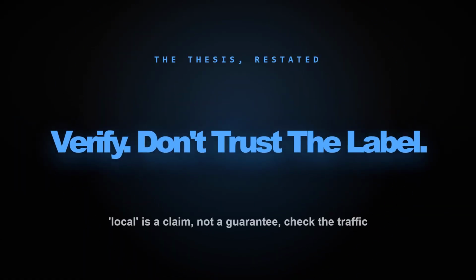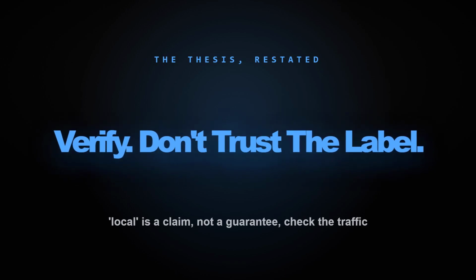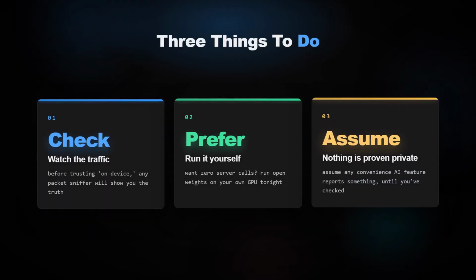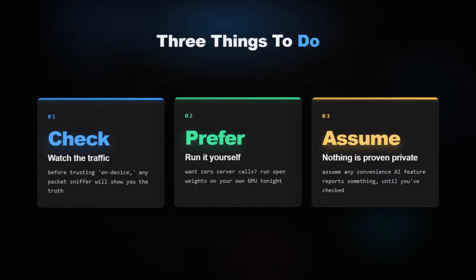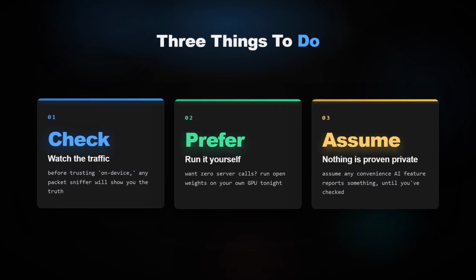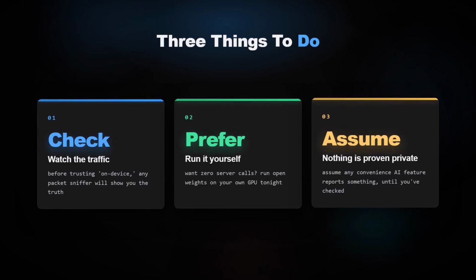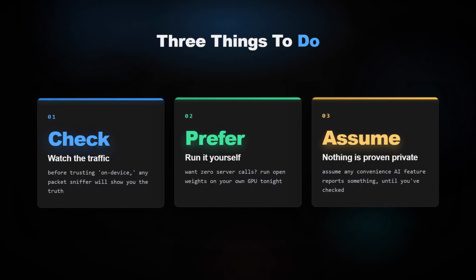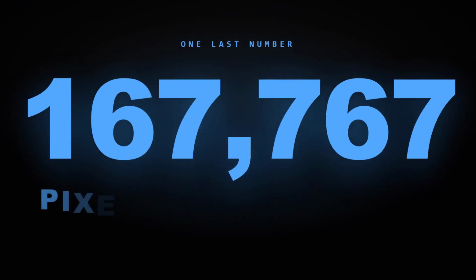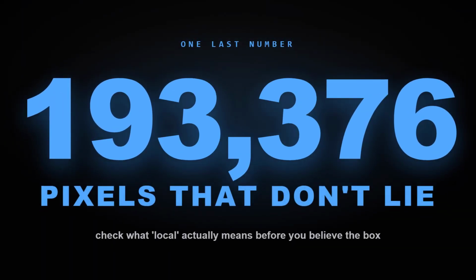Same rule this channel keeps landing on. Local is a marketing word until you check the traffic yourself. 3 moves. 1, before trusting on device, check the traffic, any packet sniffer will do. 2, want 0 server calls? Run the model yourself, open weights. 3, assume any convenience AI feature reports something until proven otherwise. 193,000 pixels don't lie.